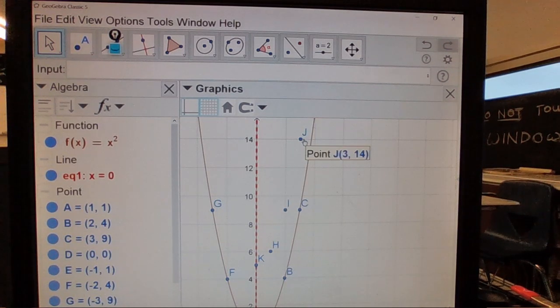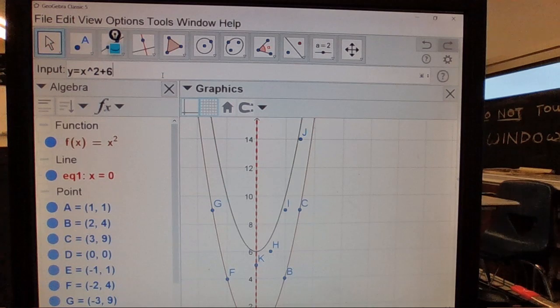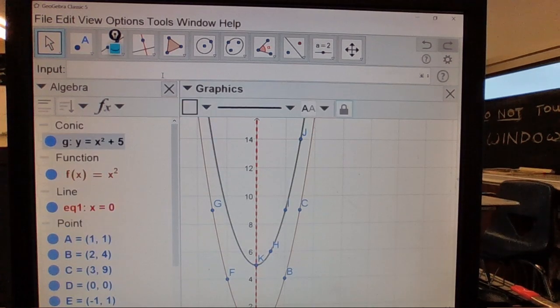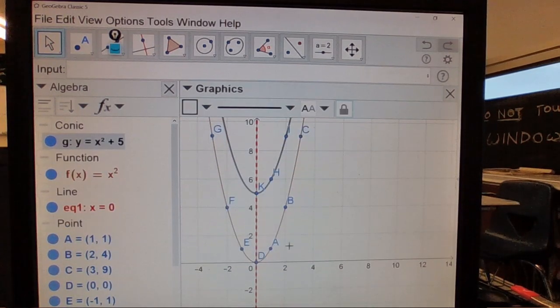This one should be (3, 14), turns into (-3, 14). So when we graph y equals x squared plus 5, you see that all that happened is that these points that were on x squared, every one of them increased in the y direction by 5. Is that okay with everybody?